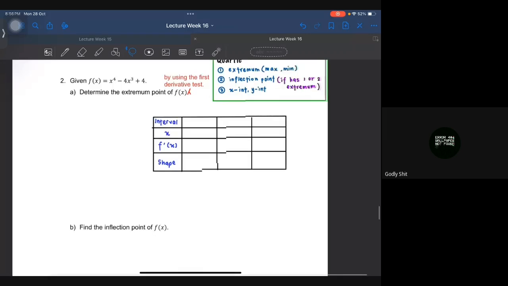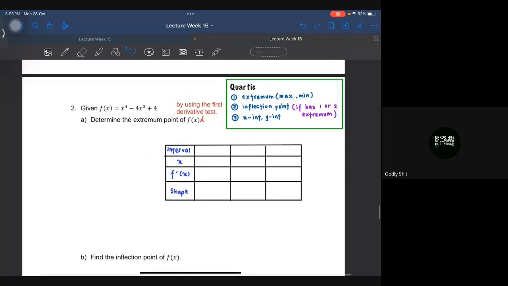Okay, so let's go. For example number 2, this is for the quartic function. It has 3 steps here. The first step, as usual, is to find the extremum, the maximum or minimum point. Hidayah, sleepy, right? A little more. The second step is that you need to find the inflection point if we have only 1 or 2 extremum.